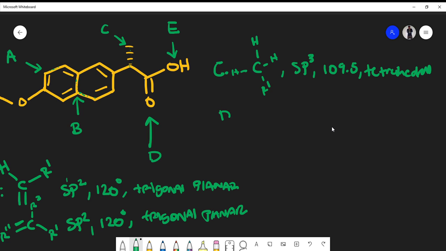How about D? Well, I do see an oxygen. Now remember, our oxygen has no charges on it, and so I have a double bonded oxygen. Because there are no charges, oxygen has satisfied the octet rule. So even though we did not write the lone pairs on it, we should know at this point in organic chemistry that an oxygen with a double bond has two pairs of lone pairs on it.